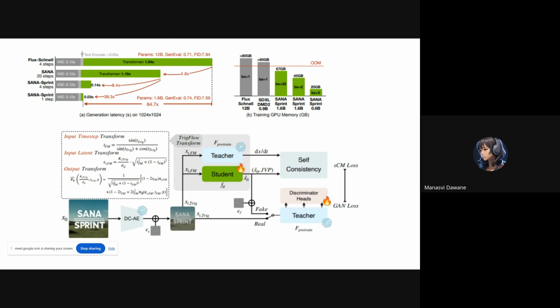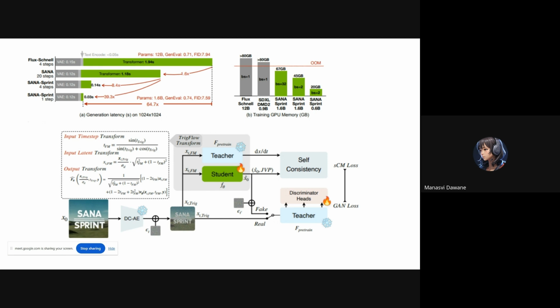That's what SCM loss is: the difference between the two predictions. The JVP is the change, how the student output changes with respect to the timestep t. This is what makes the model step adaptive.